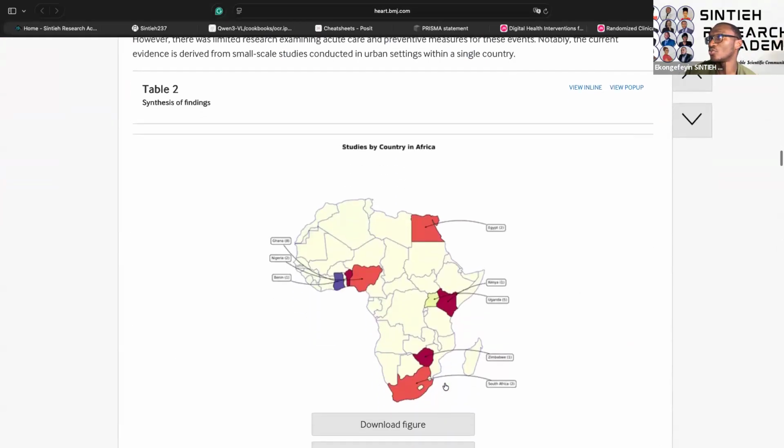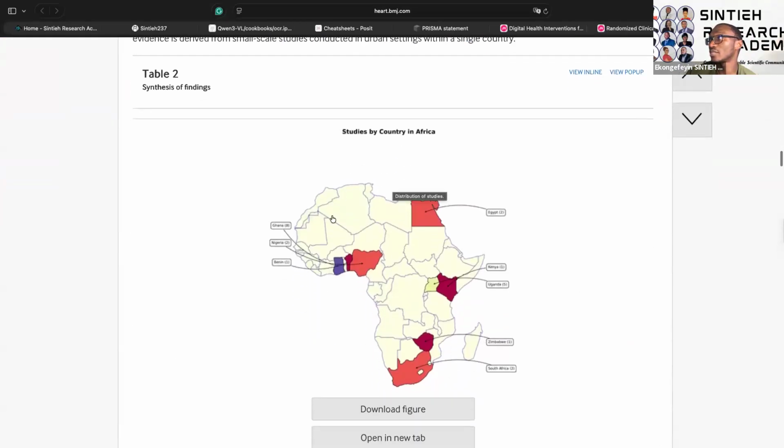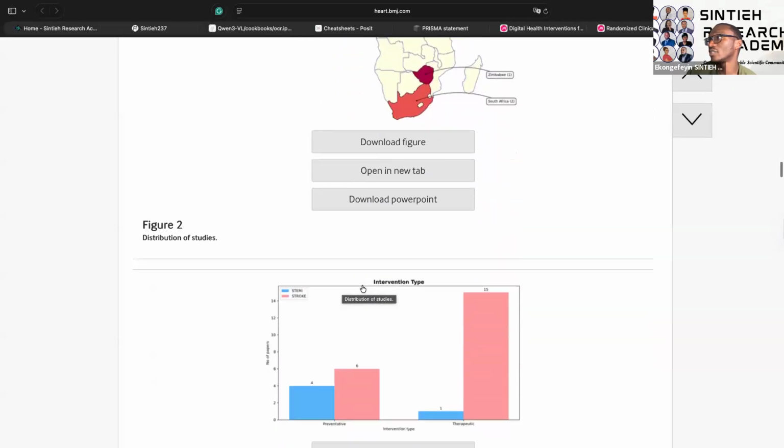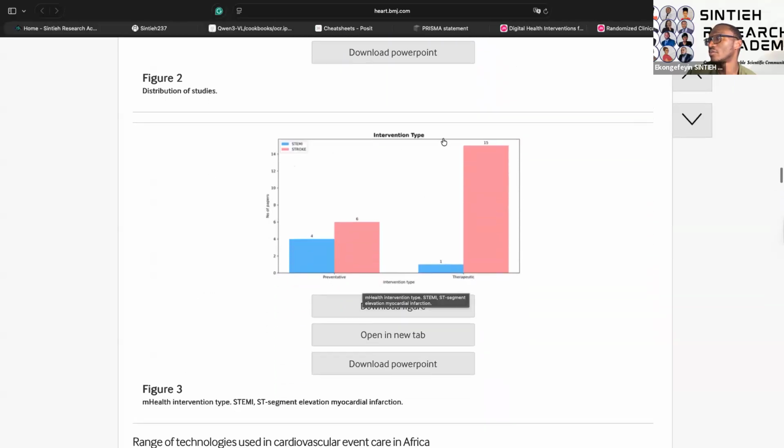And then you see here what I did was I plotted the number of studies using the African map, because it's an African study, right? And then by the intervention type that was used: was it preventative care or therapeutic care? And what type of cardiovascular event did we have? Did we have stroke or STEMI?